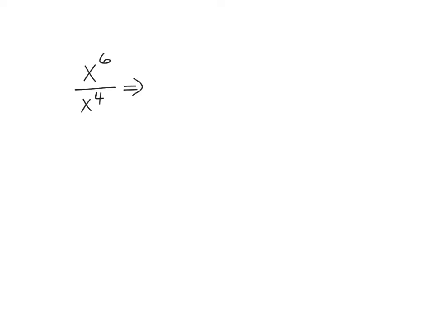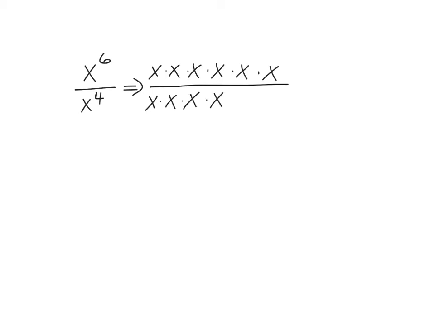Now if I do expansion notation again, it's x times x times x times x times x times x. I've got 6 of them. On the bottom I have x times x times x times x, 4. So what happens? 1, 2, 3, 4, and that leaves x to the second on top.